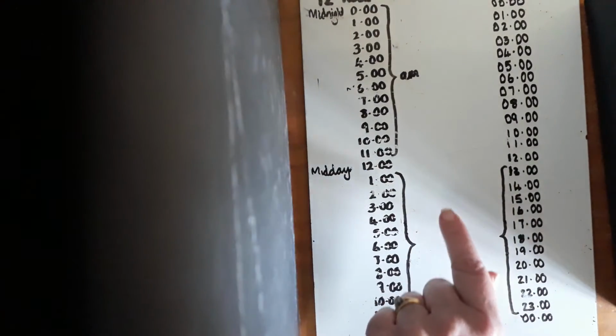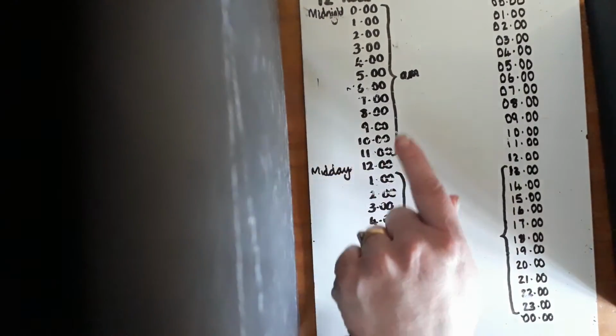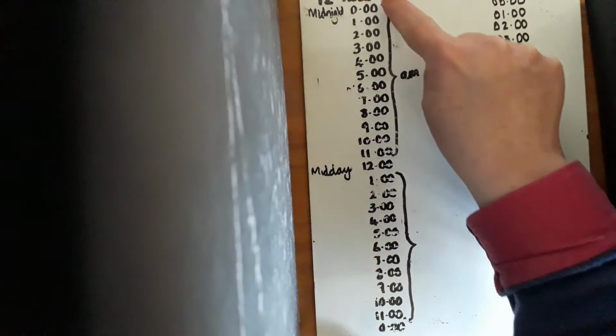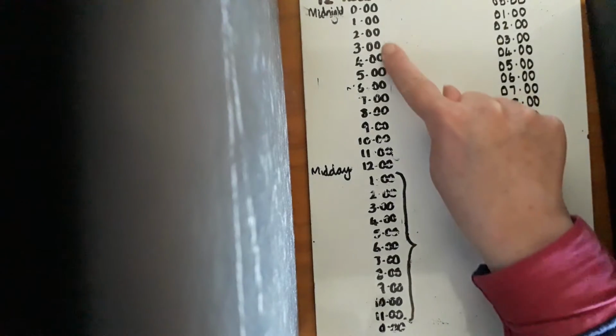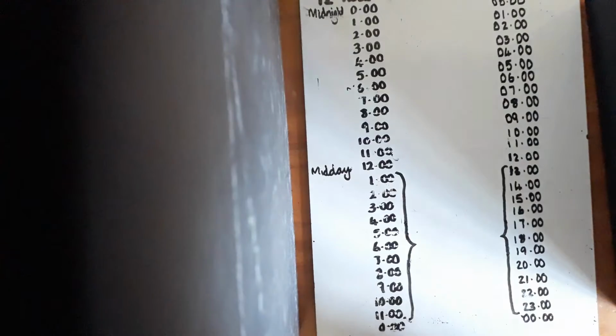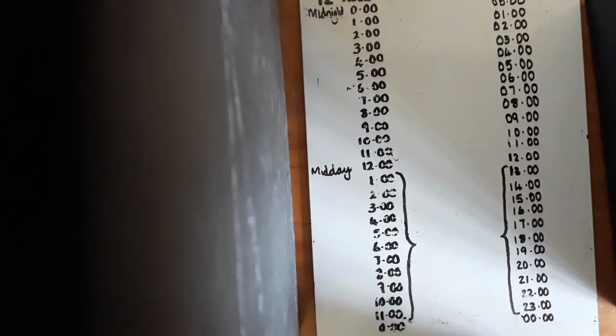Right, so I changed it slightly. If I actually rub that one out again as well, it doesn't change the fact that those are all AM times and the equivalent AM time is on the other side of the 24-hour clock.